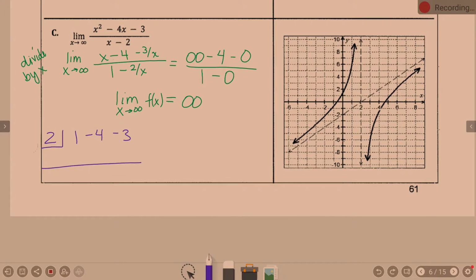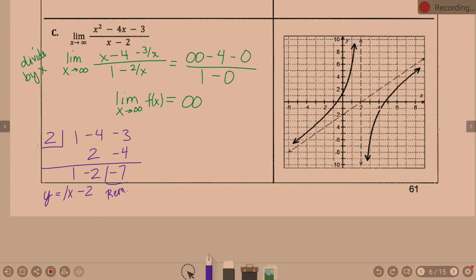Yikes. Okay. Drop the 1, multiply. 2 times 1 is 2. Goes under the -4. Add -4 and 2 and get -2. Multiply. 2 times -2 is -4. Add -3 and -4 and get -7. And so now, remember this guy here is our remainder, but this 1 minus 2 is 1x minus 2.